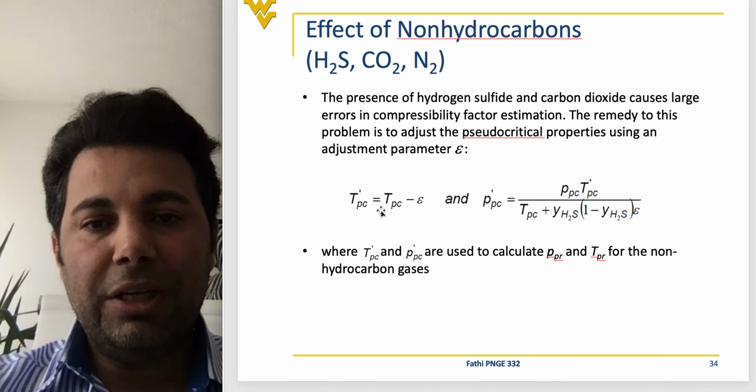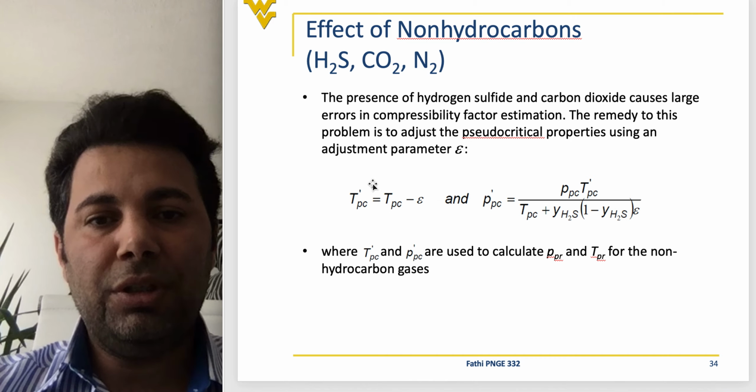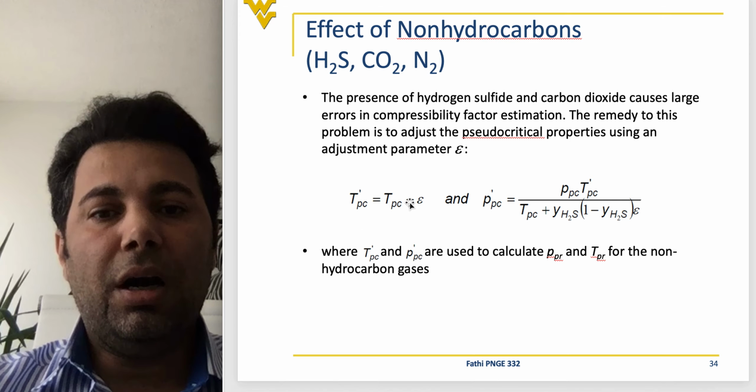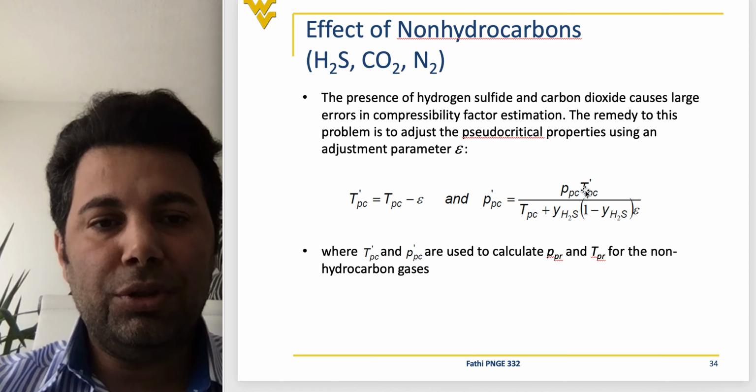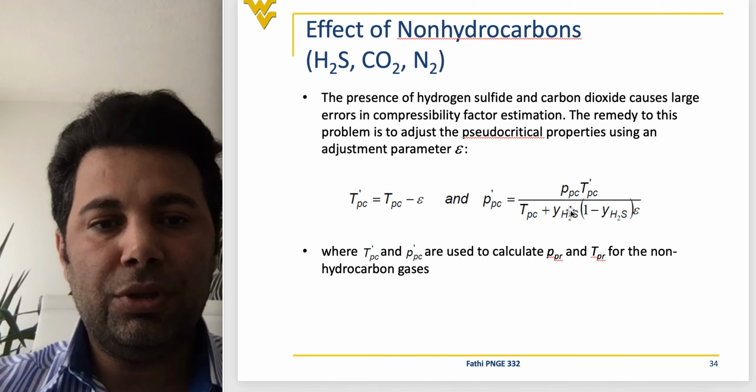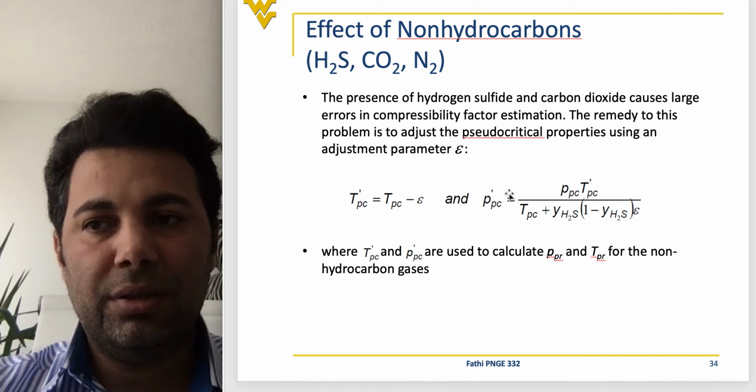Once I find the correction, I can correct the TPC by simply subtracting the correction from the pseudocritical temperature. When I get the corrected pseudocritical temperature, I use it, the uncorrected pseudocritical pressure, the uncorrected pseudocritical temperature, the mole fraction of H2S, and the correction factor to correct my pressure.